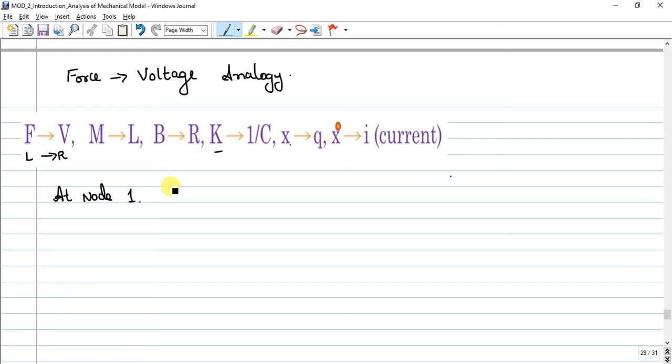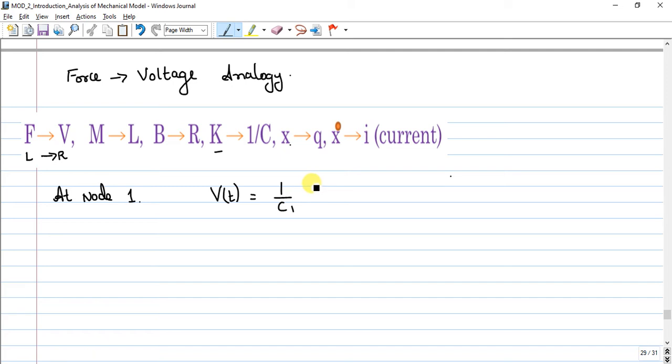Okay, so our first equation in the mechanical system was f of t is equal to k1 multiplied by x1 of t minus x2 of t. The same will be replaced: force will be replaced by voltage. I will represent it as V of t, that is equal to, k1 will be replaced by 1 by c1.